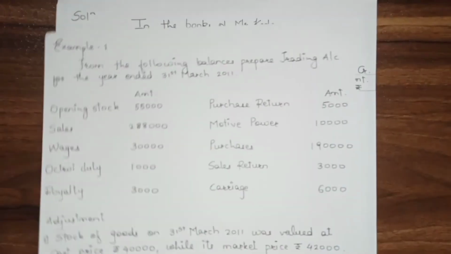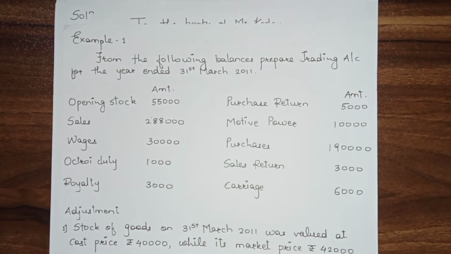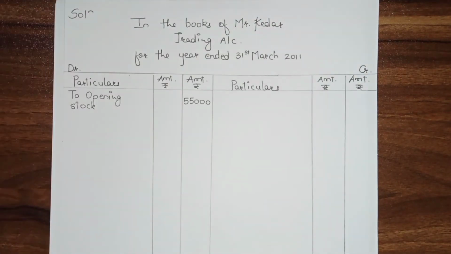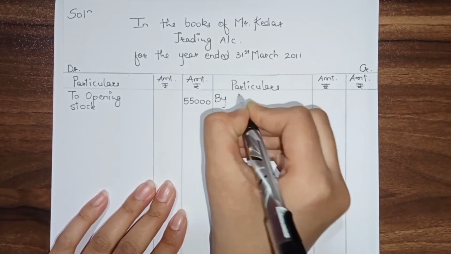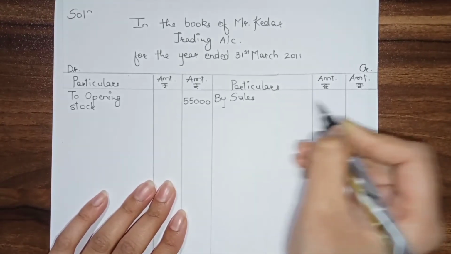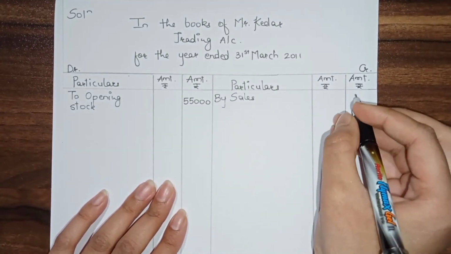Next item, sales. Now sales is our benefit. We already know that when a business sells any items, any goods or any materials, it is a profit for that particular company, industry or person. So we already know that sales appear on the credit side. So we also have to post sales on the credit side of trading account. Here we will write down, by sales, the amount 2,88,000.